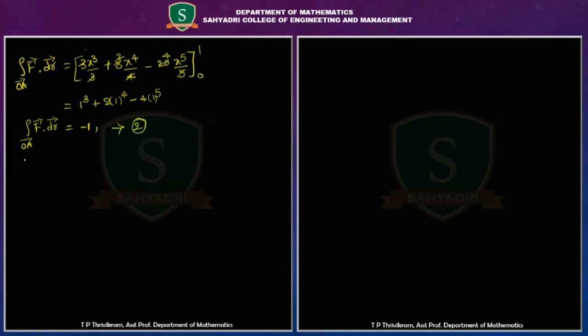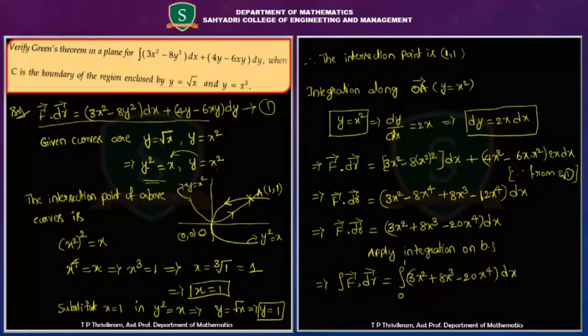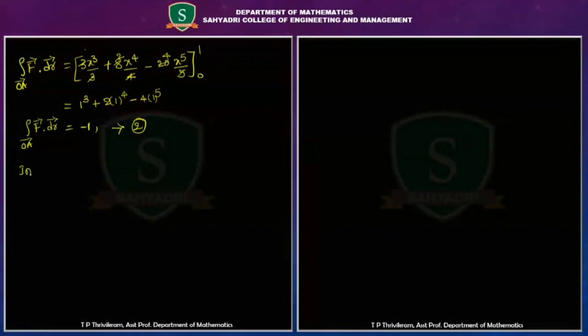Similarly, we will find the integration along this curve, AO. AO means x equal to y square. So integration along the AO curve, which is nothing but x equal to y square.